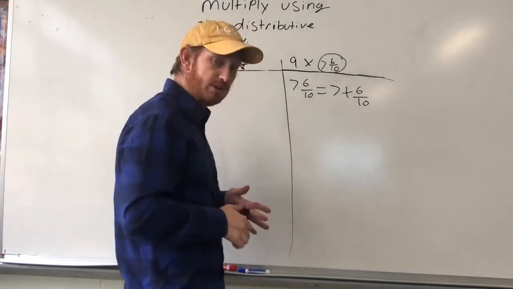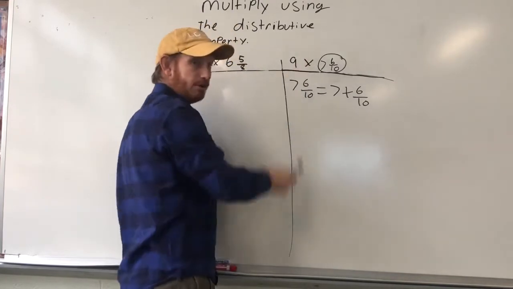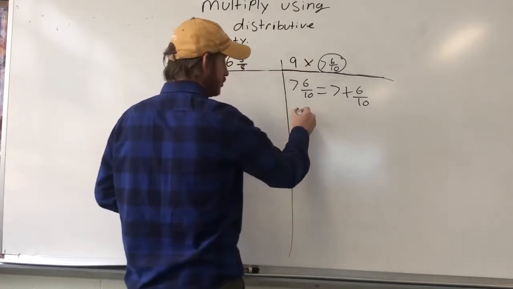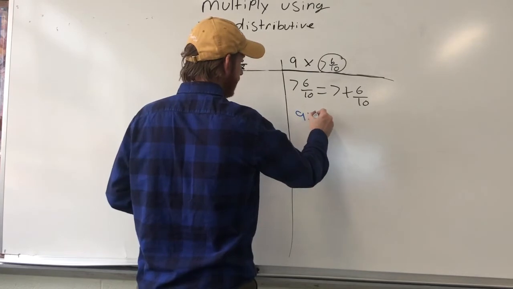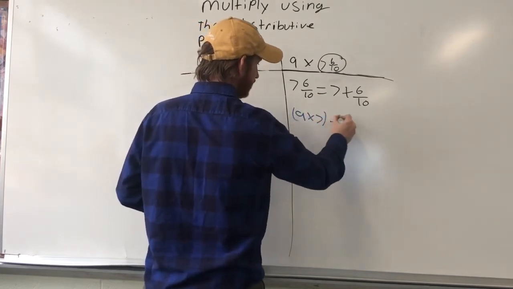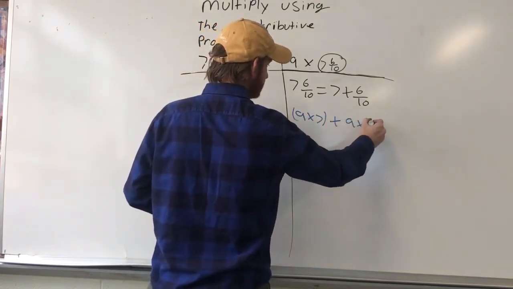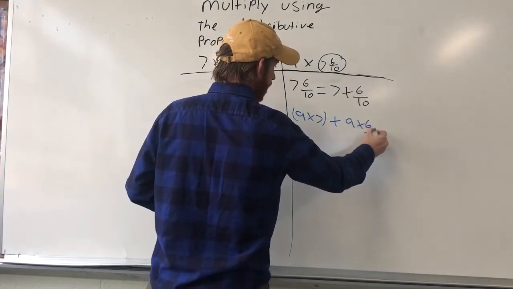Now I can use the distributive property to make this problem much easier. I can turn it into 9 times 7 plus 9 times 6/10.